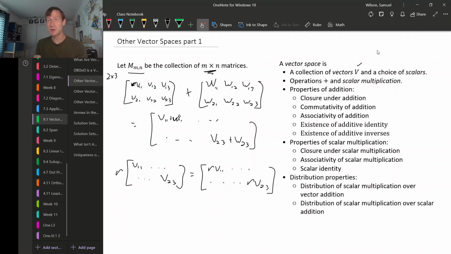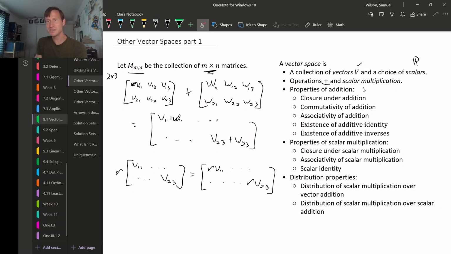Notice in this case what we're calling vectors are really matrices. So what the word vector means is very context dependent. A vector is just something in your vector space. They might be genuine vectors, but they might be matrices, or as we'll see, they might be other types of things entirely. We've made a choice of scalars because we said we're going to use R. We'll always use the real numbers.